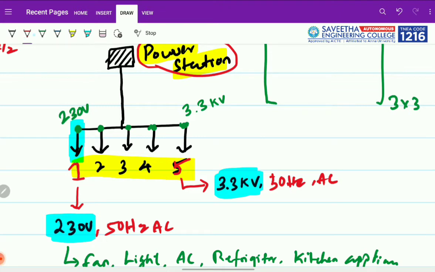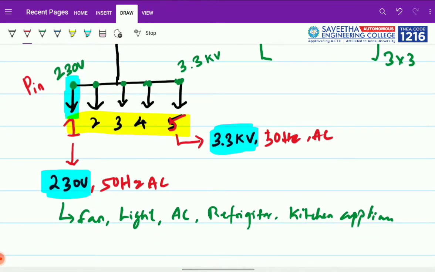The input power I take as P_IN. When this input power is fed to the loads, like fan, light and refrigerator, the output power is calculated, which can be P naught.